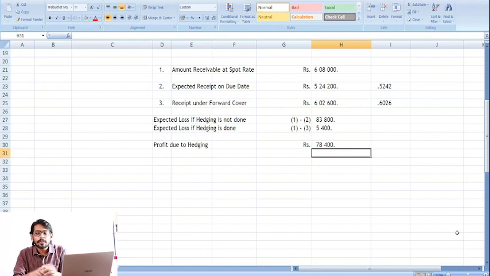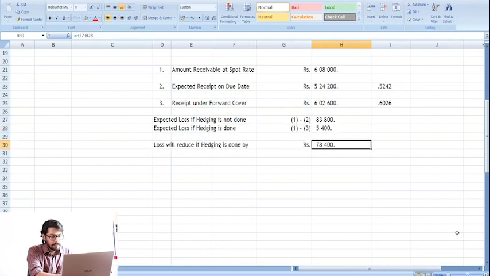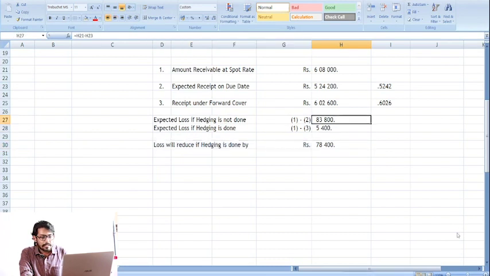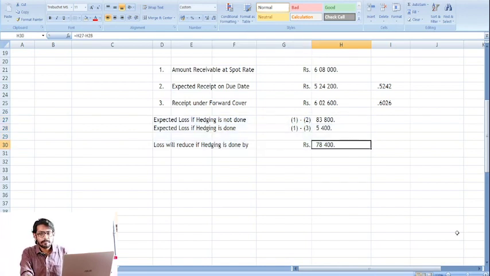Again 78,400. You can call this profit due to hedging. Some answers have only this sentence. Some answers have only these two sentences. We don't know which answer has which. So let us write these three sentences for all scenarios: loss if hedging is not done, loss if hedging is done, and savings due to hedging.